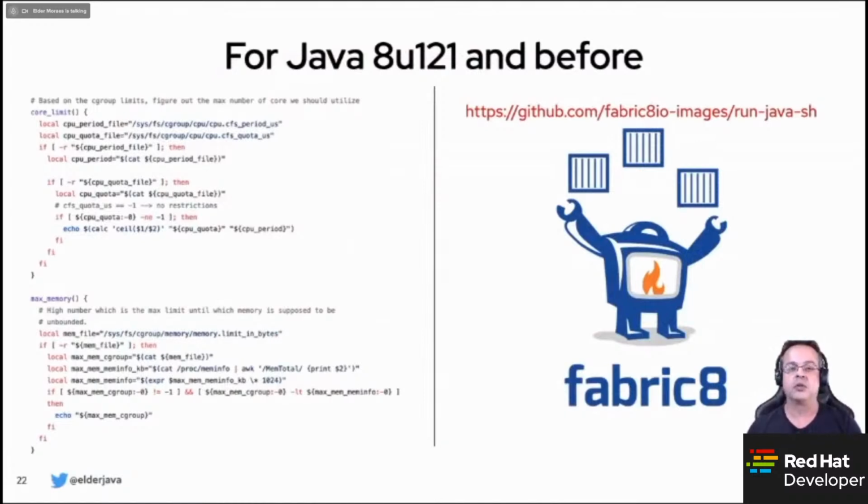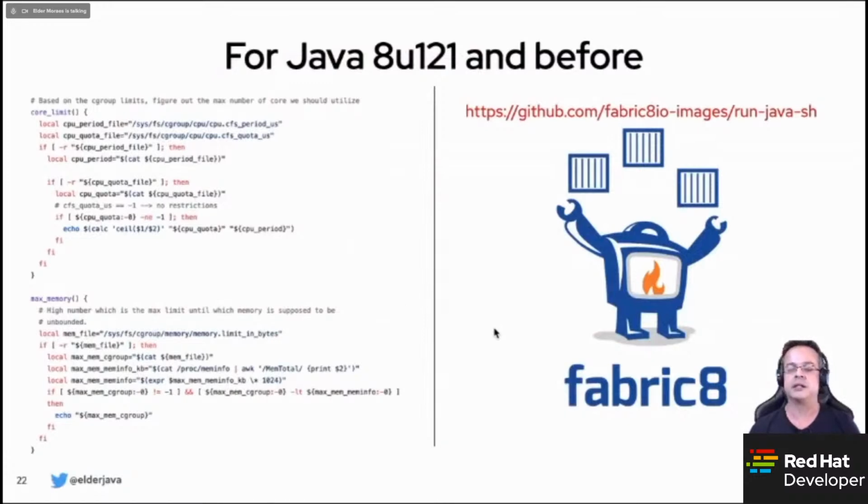Okay, so I would say if you're using Java 8, do not go with containers. But if you need to, and some people really need to, one option you have is to use this kind of hack made by the Fabric8 guys. I just took a small portion of the file here.